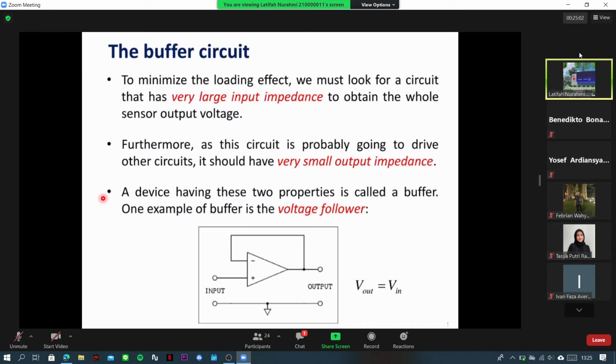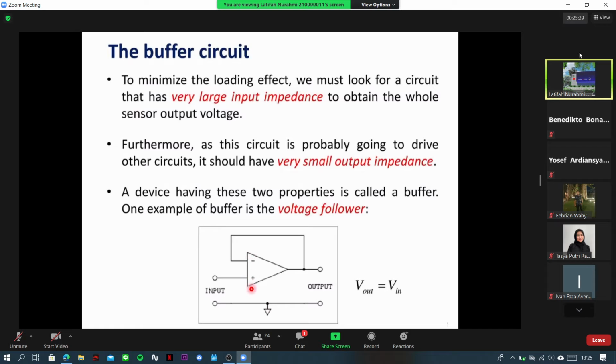A device having these 2 properties is called a buffer. I believe you have heard buffer very often. So we'll have a very large input impedance, but very small output impedance. One example of a buffer is the voltage follower.